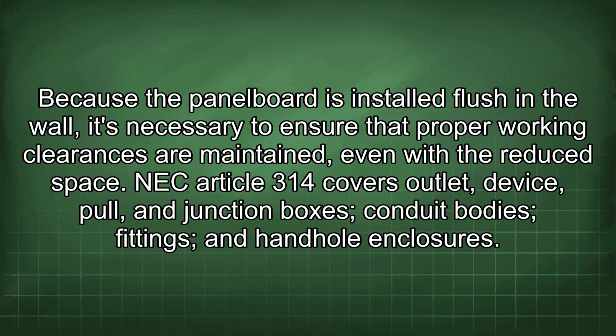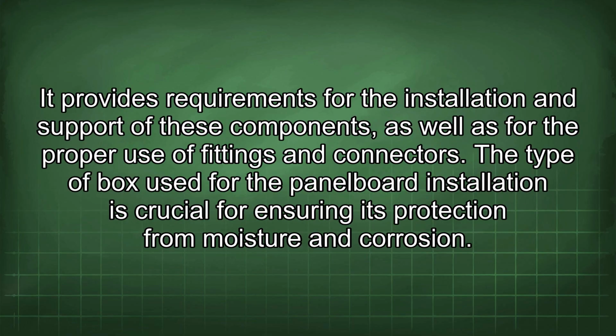NEC Article 314 covers outlet, device, pole, and junction boxes, conduit bodies, fittings, and handheld enclosures. It provides requirements for the installation and support of these components, as well as for the proper use of fittings and connectors. The type of box used for the panel board installation is crucial for ensuring its protection from moisture and corrosion.